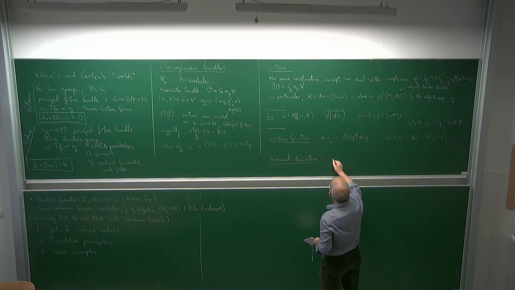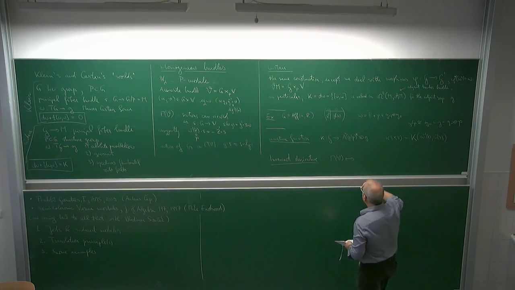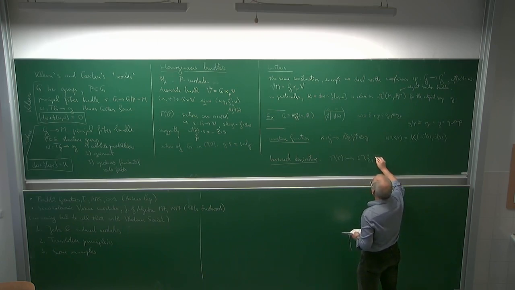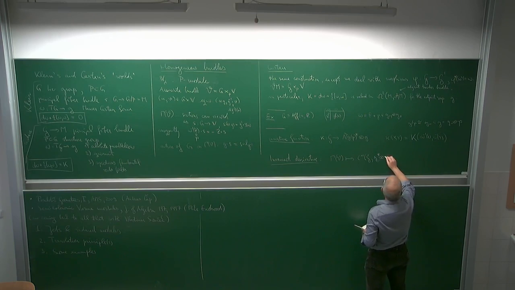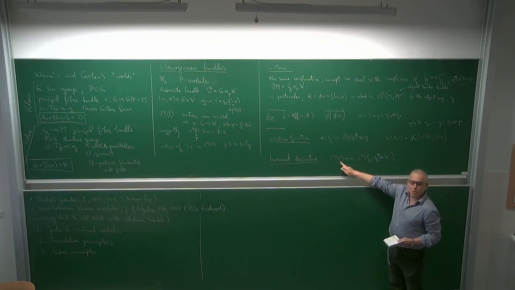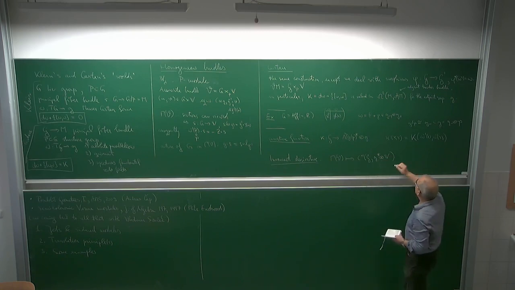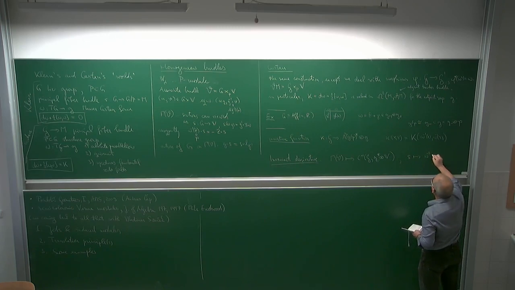So I will simply take a section gamma of, say, some V, and I will go to functions on G valued in G star tensor V. So these are smooth functions from G to V, and now I will do it this way: the way I take it is s is mapped to X maps to omega minus 1 of x acting on s.